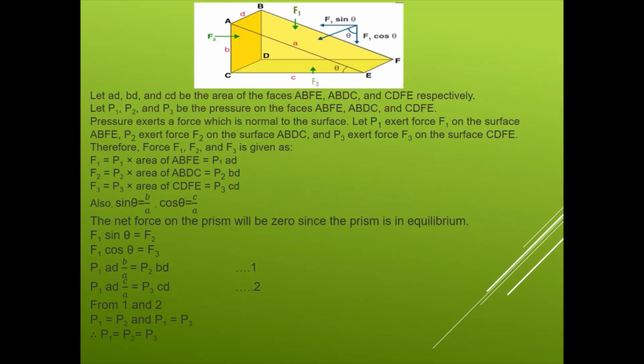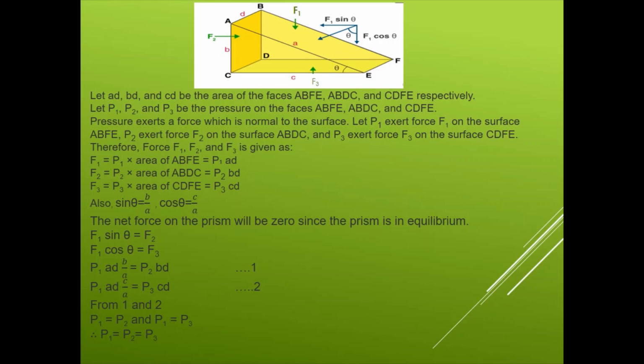Let AD, BD and CD be the areas of faces ABFE, ABDC and CDFE respectively. Let P1, P2 and P3 be the pressures on the faces ABFE, ABDC and CDFE respectively.